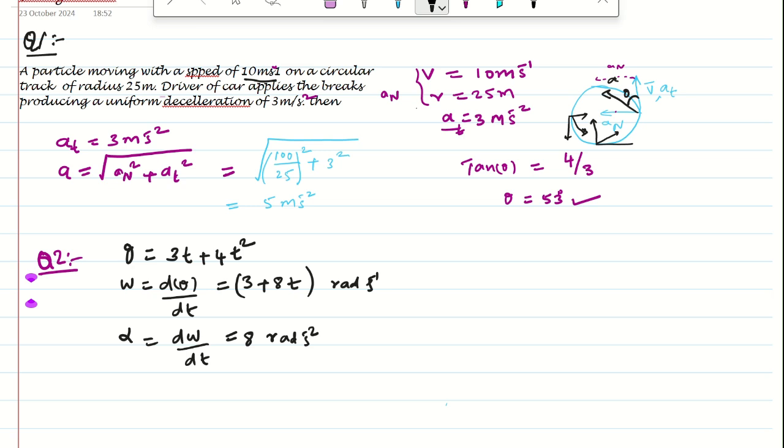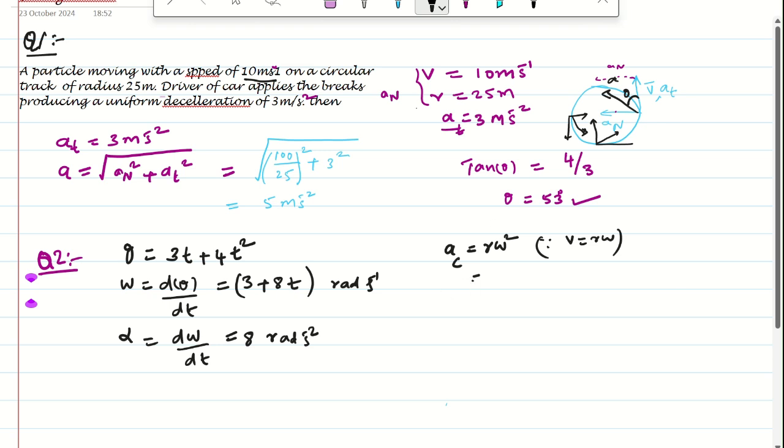Now in this, they can ask a question: the centripetal acceleration. When they ask for centripetal acceleration, a is equal to r omega square. Since v is equal to r omega, v square by r is equal to r omega square. This is centripetal acceleration, ac or an.